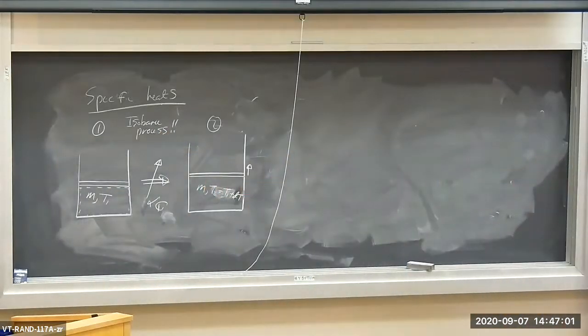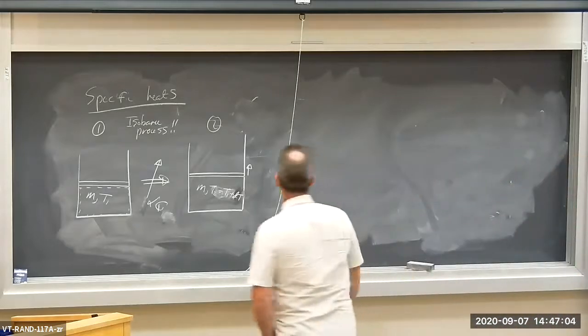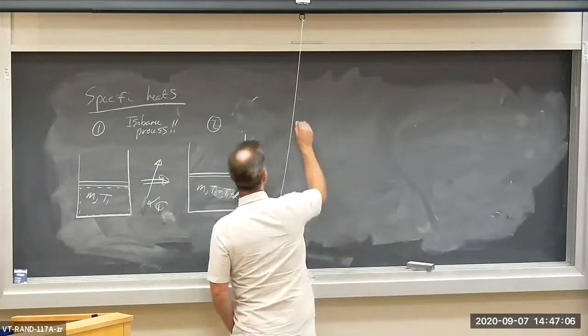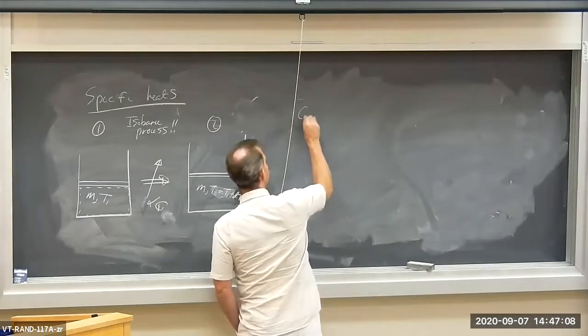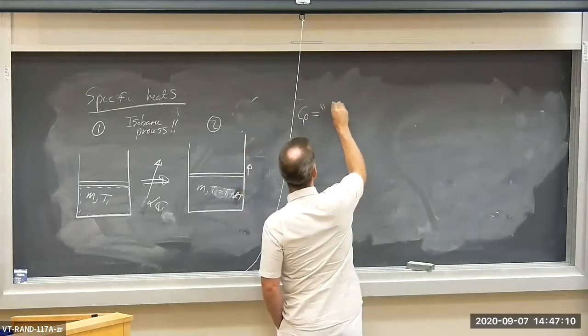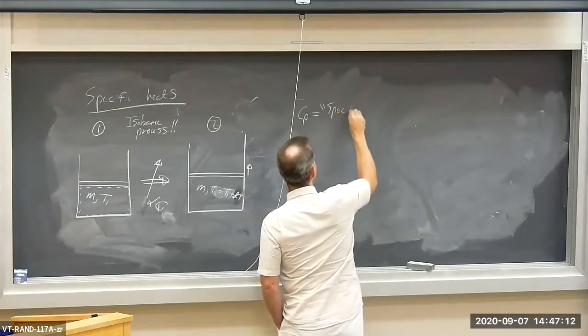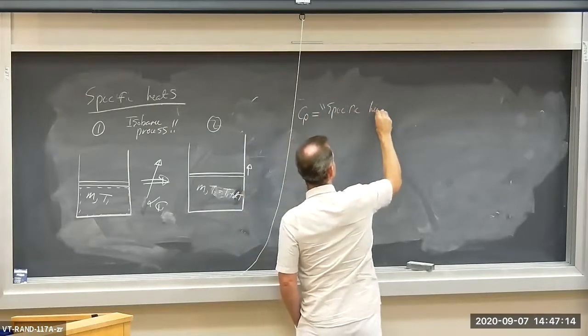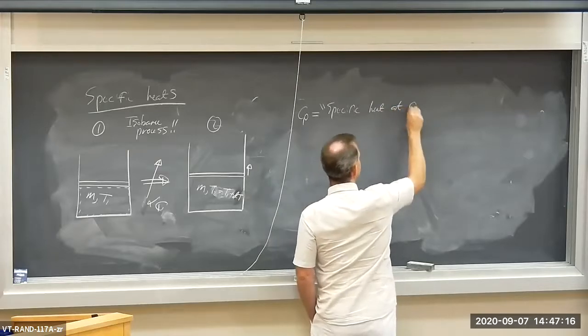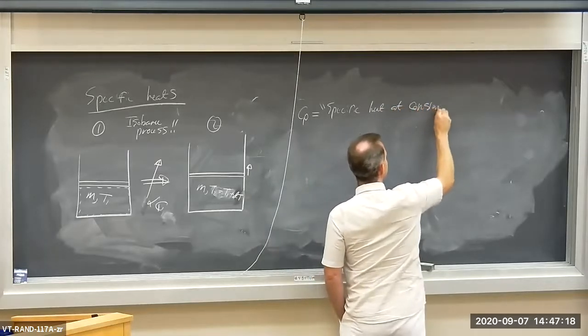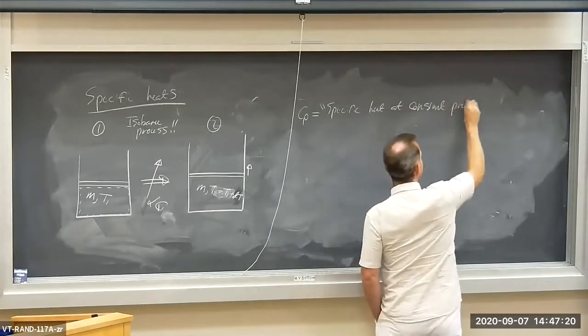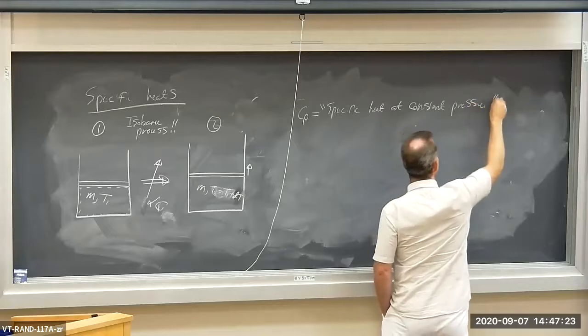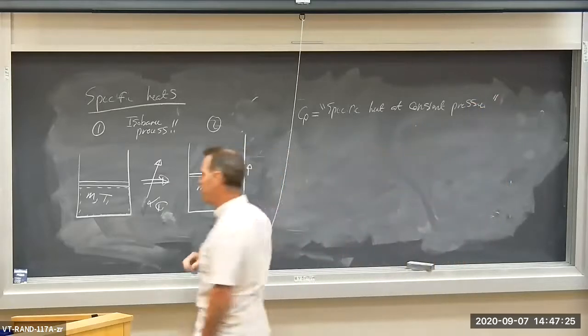Baric, iso, constant pressure. I'm going to define the specific heat at constant pressure, Cp.